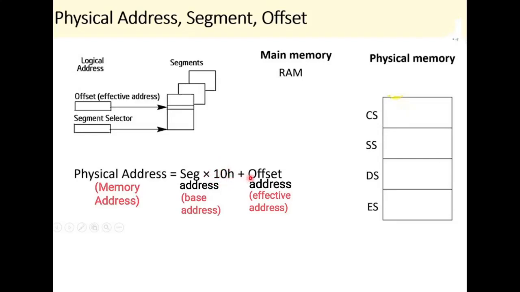So the formula is: physical address equals segment address into 10 plus offset address. Physical address we can call the memory address. Segment address, another name is base address, as we just discussed. Offset address we can call the effective address. So this is a very important formula.